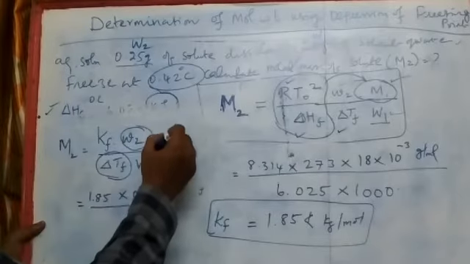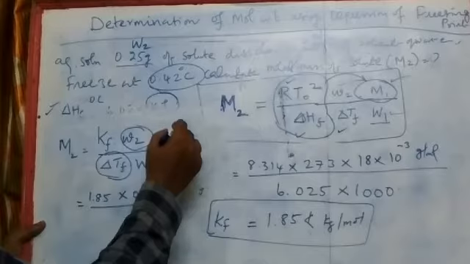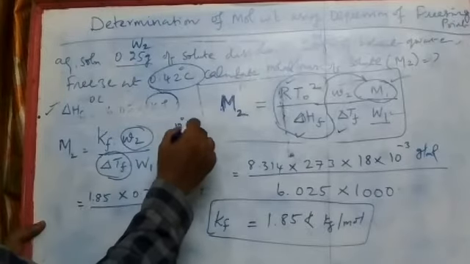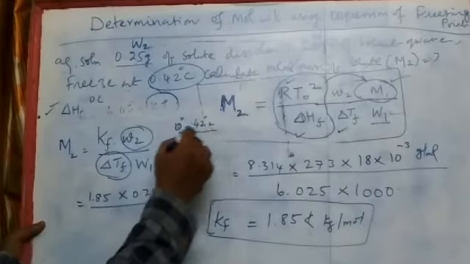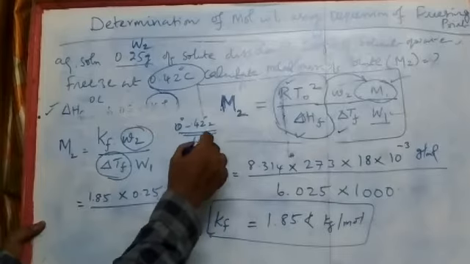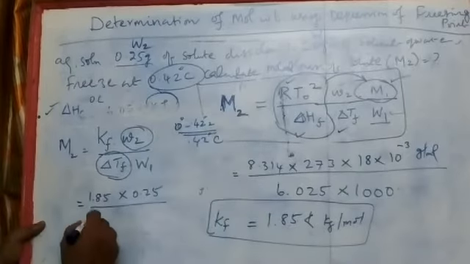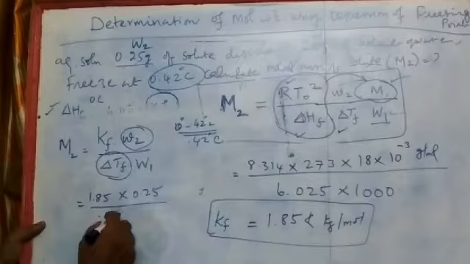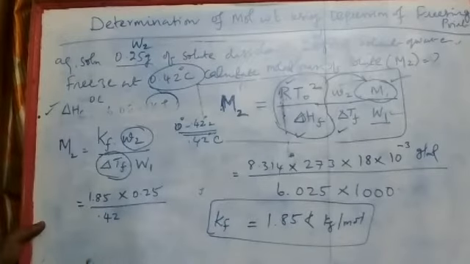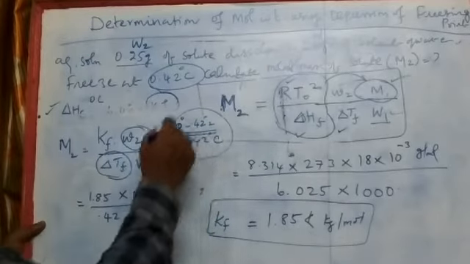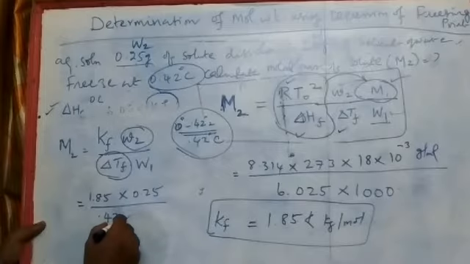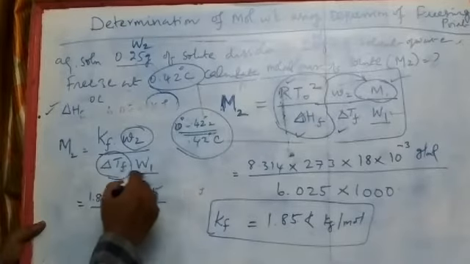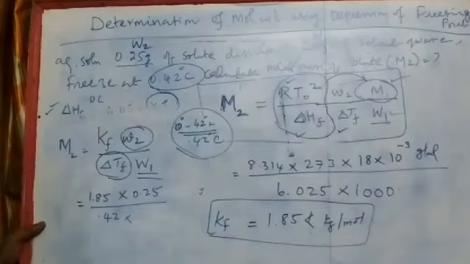From 0 degree to 0.42 degrees centigrade, the difference is 0.42 degrees centigrade, or Kelvin, since the difference is the same, multiplied by W1, the weight of the solvent.